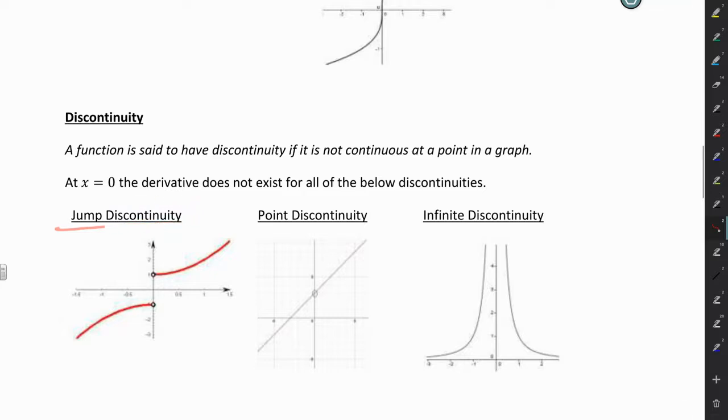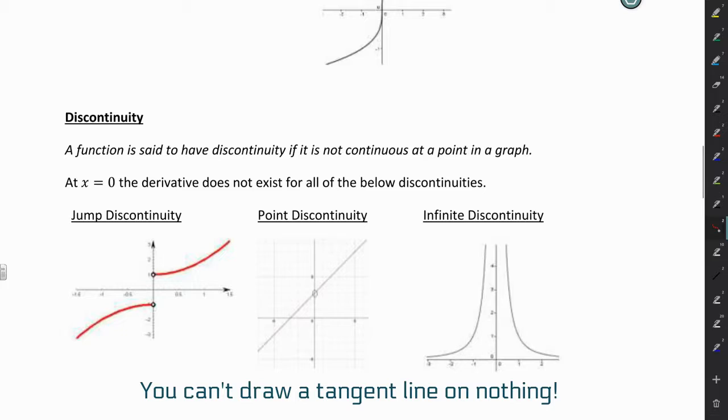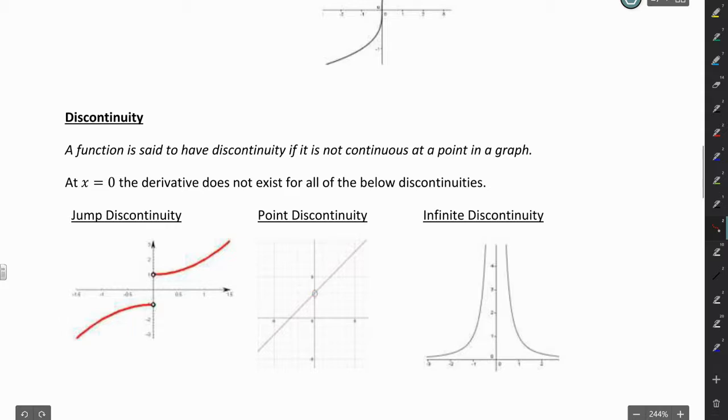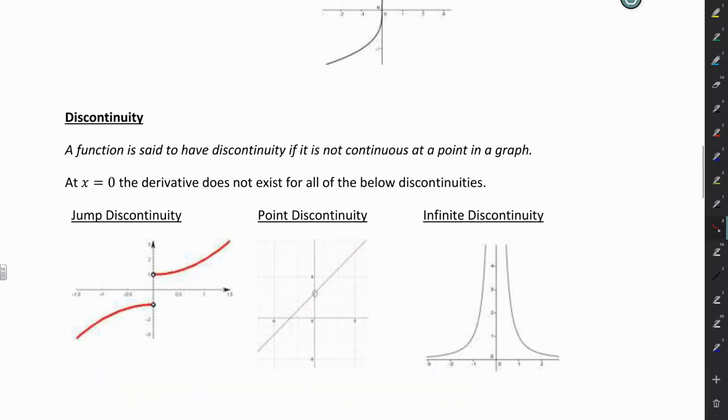The next one is point discontinuity. So we have this open circle. At x equals 0, there's nowhere to draw the tangent line. We can't draw a line against nothing. There's nothing at x equals 0. Now, that's a little bit different than looking at the limit at x equals 0. We do have a limit here, but we don't have a derivative at x equals 0. So that's point discontinuity.